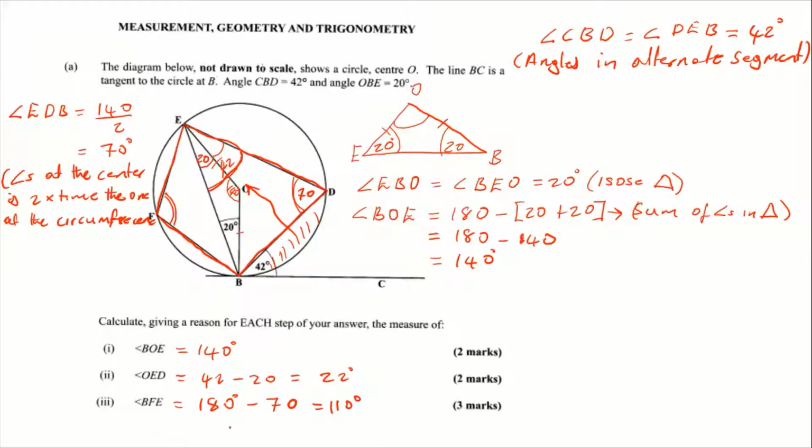And the reason for this would be opposite angles in a cyclic quadrilateral, all right? So opposite angles in a cyclic quadrilateral, and you will get your 3 marks for that.